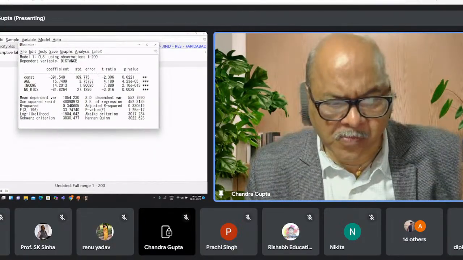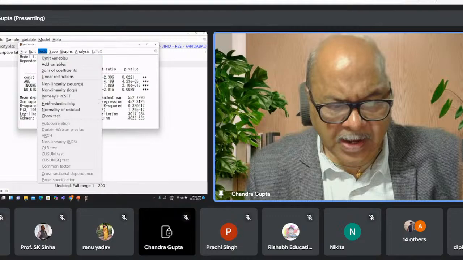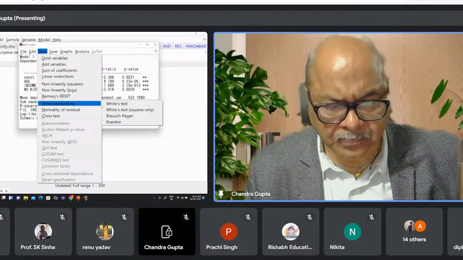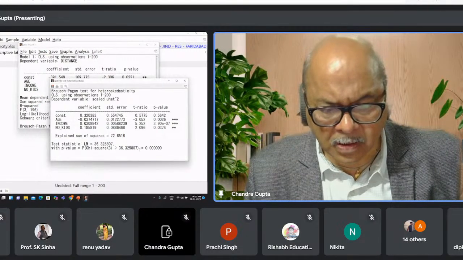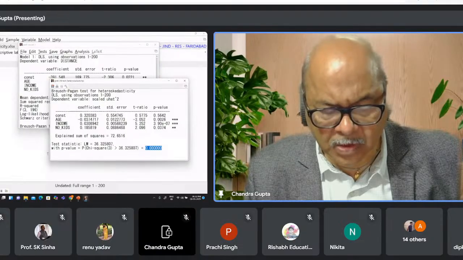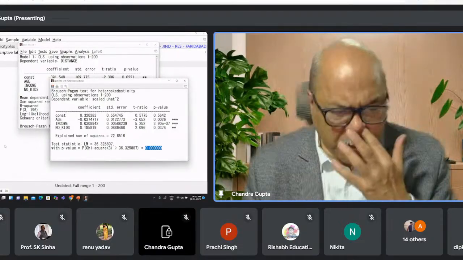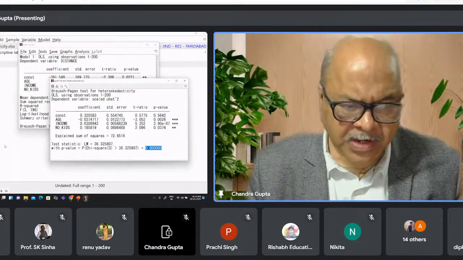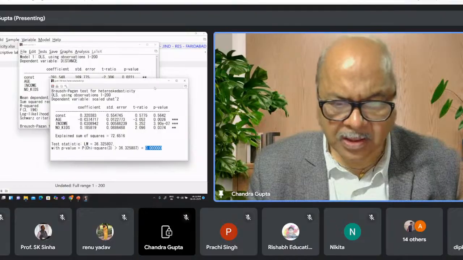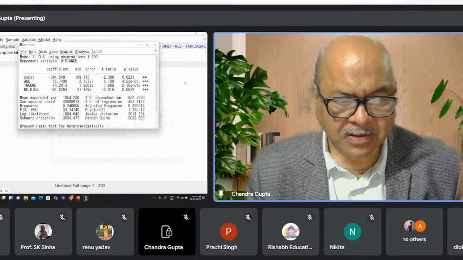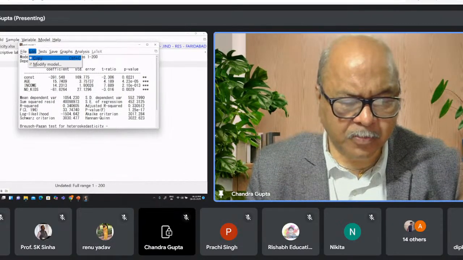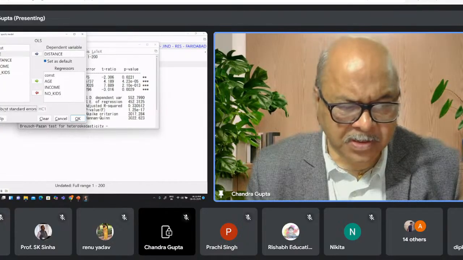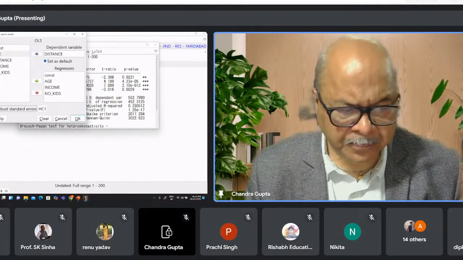Then test heteroscedasticity, Breusch-Pagan, 0.0. That means my model is suffering from heteroscedasticity. What should I do in that case? Simple. Go to edit, modify model, click on the robust standard errors.